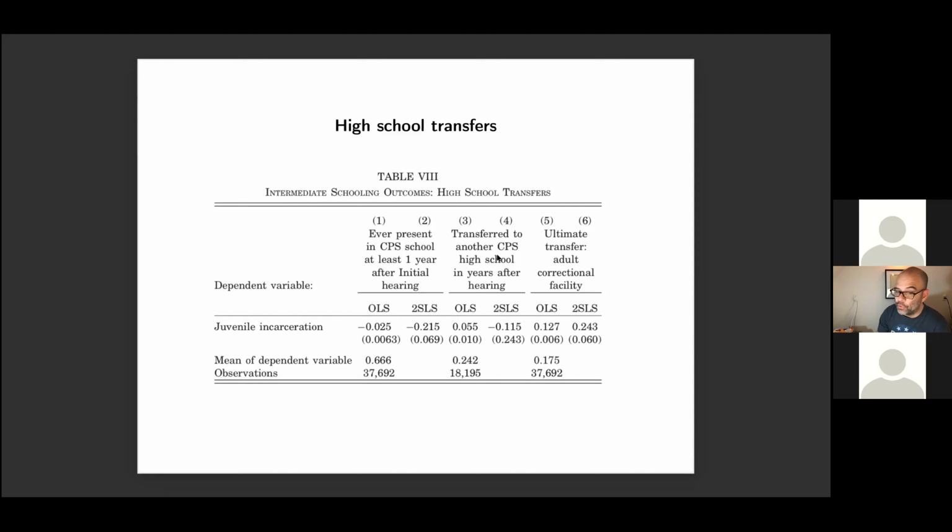Here, transferred to another high school, OLS would give you a positive effect. Two-stage least squares says for the marginal student, they are 11.5. Oh, well, that's not even significant. So there's not anything significant there. It's here. Why are they not finishing high school? They're not back in high school. They've been transferred to adult correctional facilities.